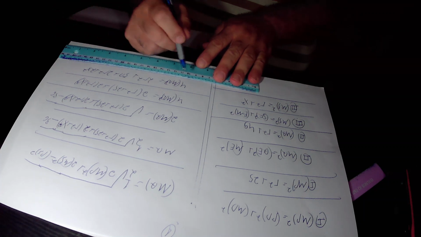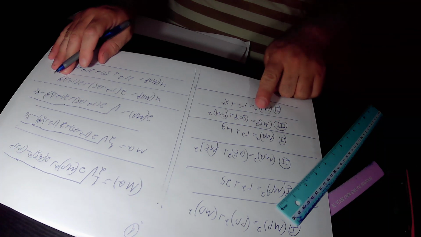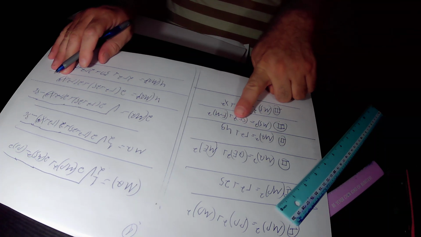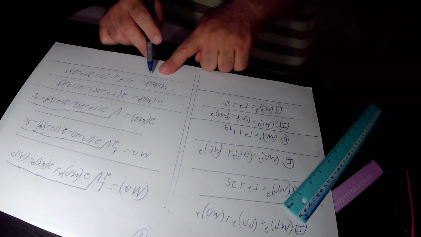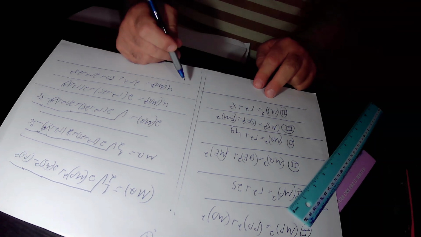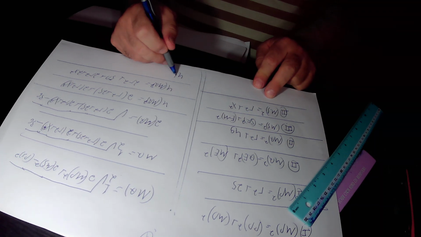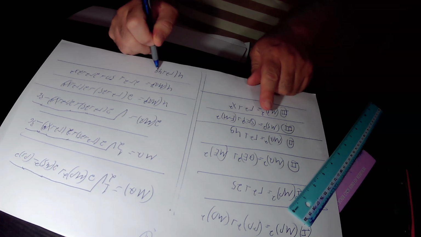Actually, MQ squared equals r squared plus 49. Therefore, we substitute MQ squared in here by r squared plus 49.